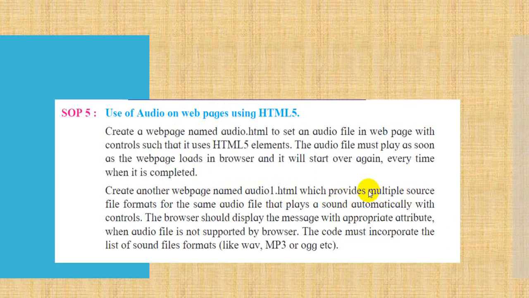If you use the audio tag attribute src, then in one audio tag you can only add one src attribute, so you can add only one file. That's why, if the question says to provide multiple source file formats for the same audio file, you have to use the source tag instead of the src attribute.